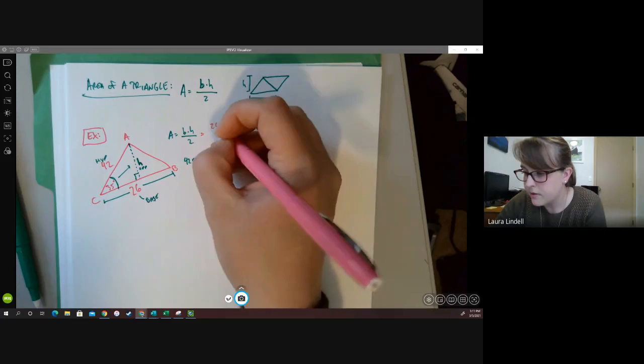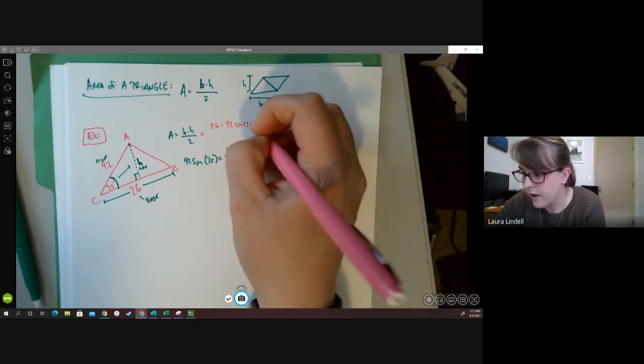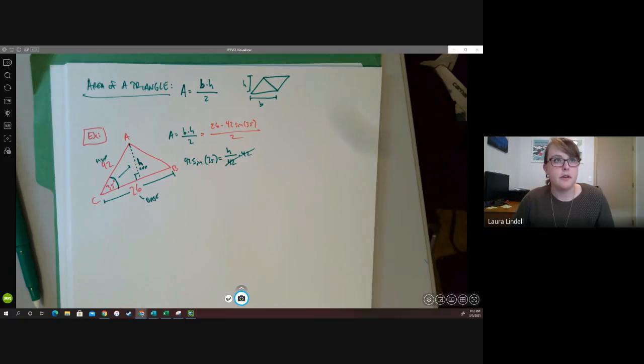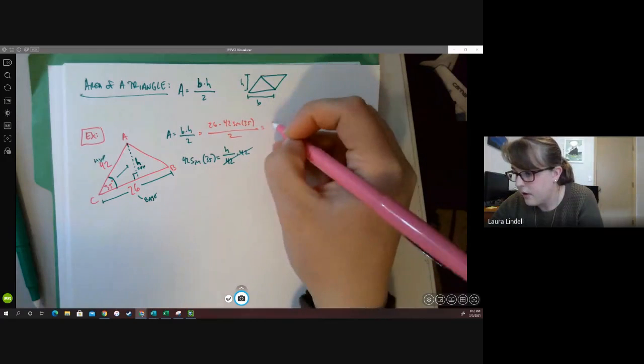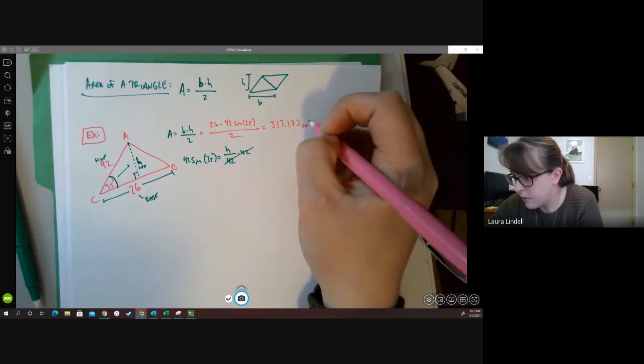The base was 26, the height is 42 sine of 35, and then it's all divided by 2. And now we type it into the calculator, and we go 26 times 42 sine of 35, all divided by 2. And we get 313.173 square units.